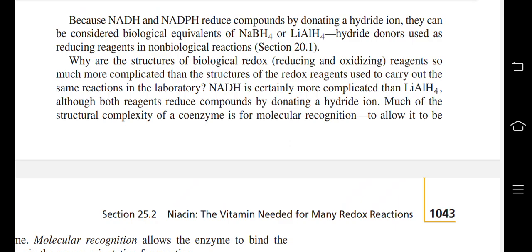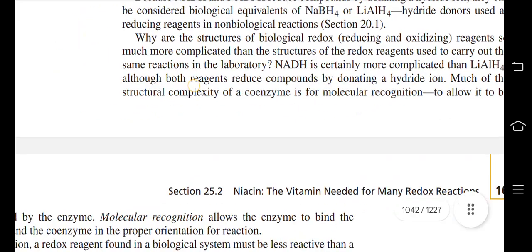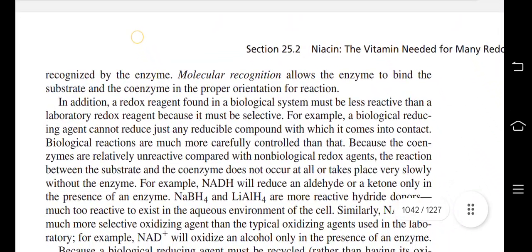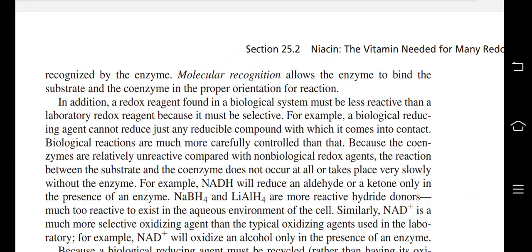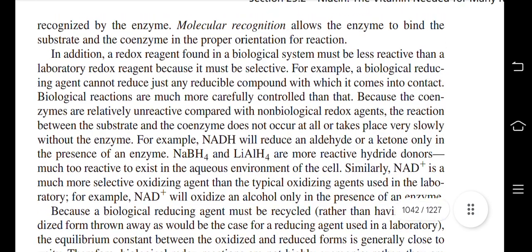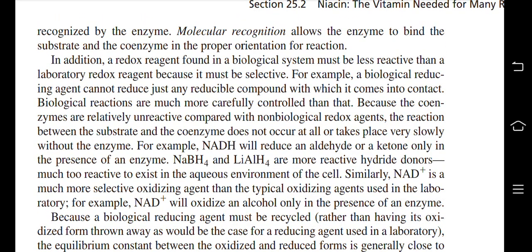Much of the structural complexity of a coenzyme is for molecular recognition, to allow it to be recognized by the enzyme. Molecular recognition allows the enzyme to bind the substrate and the coenzyme in the proper orientation for reaction.